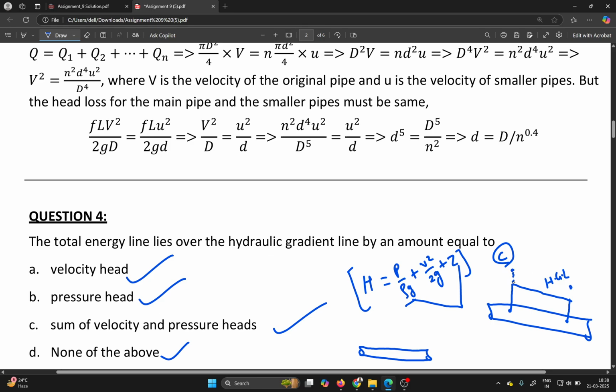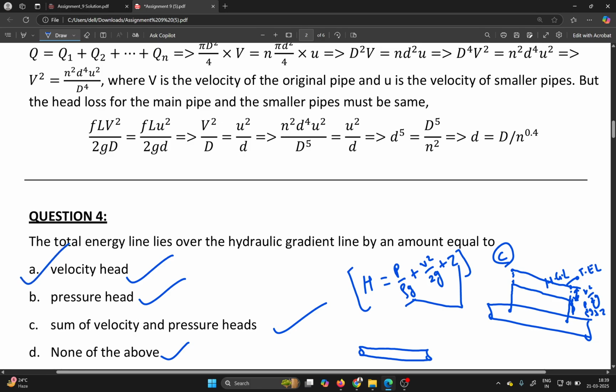So this line indicates your total energy line, right? And the distance from here to here will be v square by 2g, and this one is your p by rho g plus z. So this is the concept.